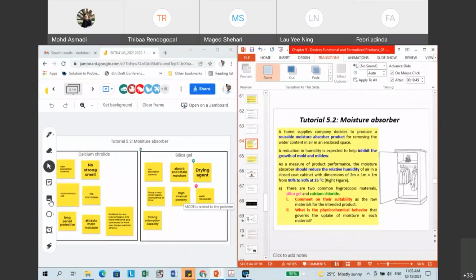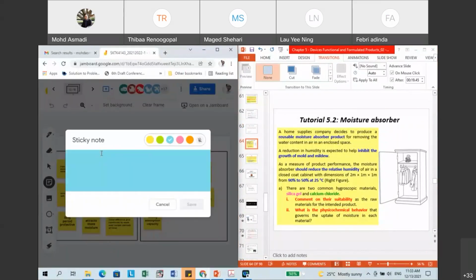So let me add a sticky note here. Absorb much water.